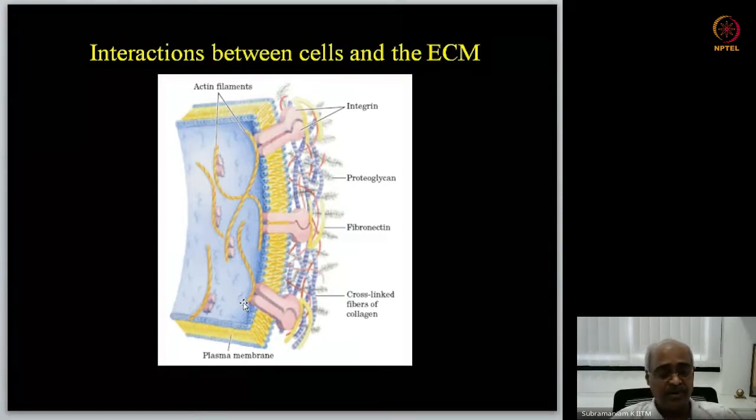It is very important for cell migration during organism development, and also important for cell-cell signaling. So they have multiple roles. Just do not view this as if it is analogous to the cement or mortar used for holding bricks in a wall.